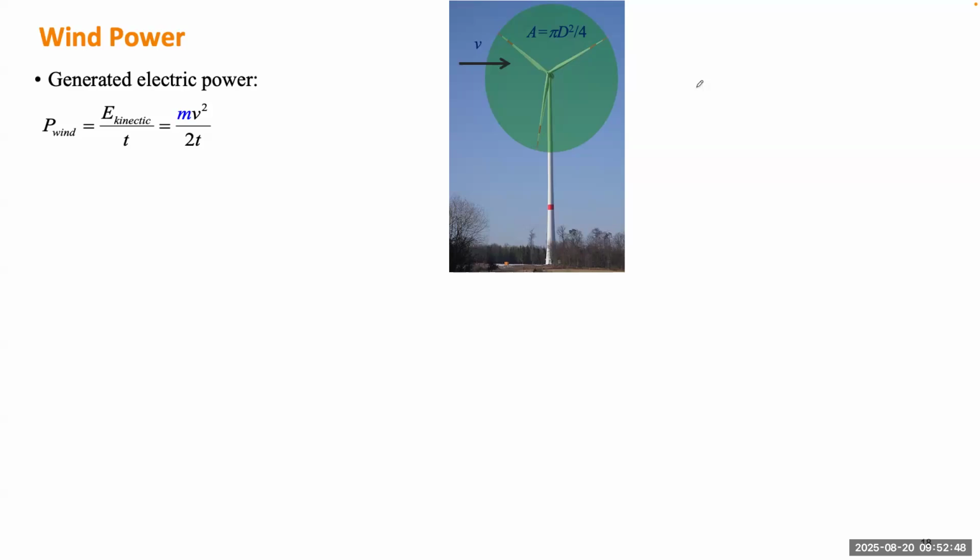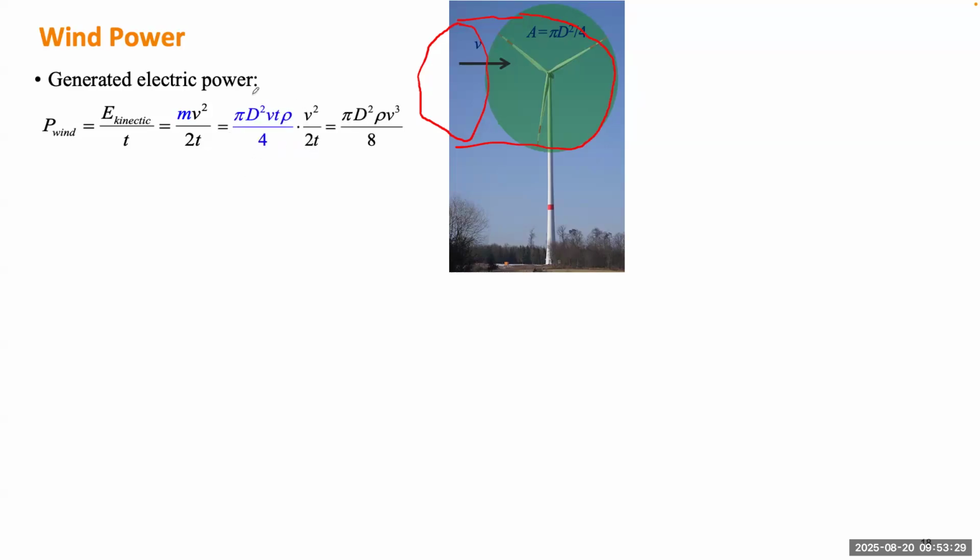Consider this wind turbine, and a cylinder of air going through it. The area is pi multiplied by the diameter of the blades squared divided by 4, and then multiplied by the length of this volume of air, which is equal to the speed multiplied by time. That lets us calculate the total energy.